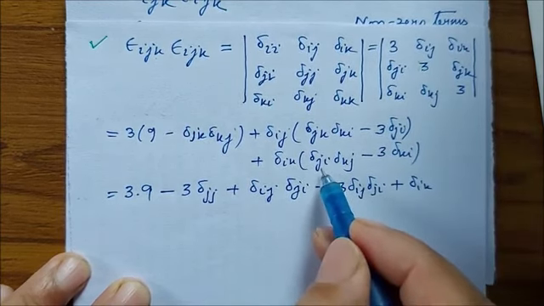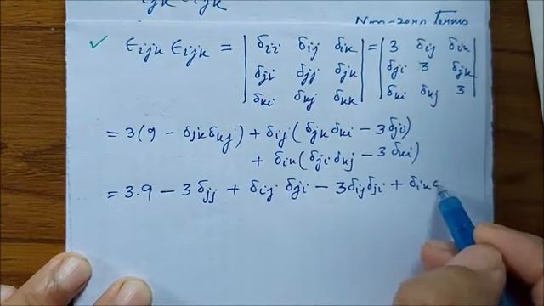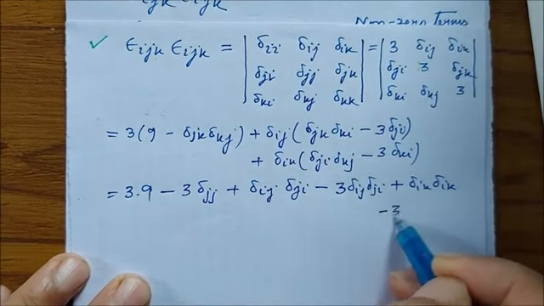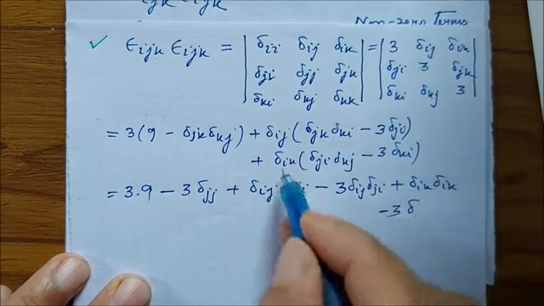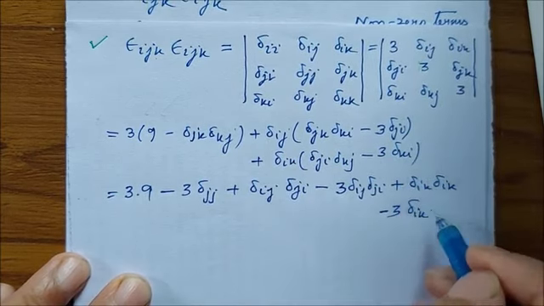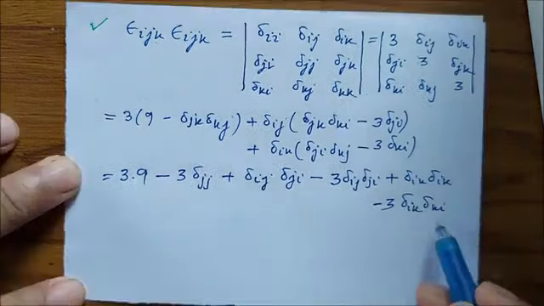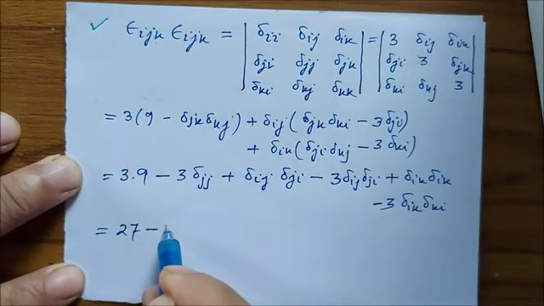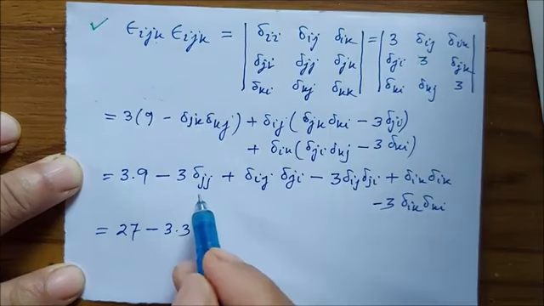Here we can contract j to end up with delta ik, and finally 3 delta ik into delta ki. So we end up with 27 minus 3 into 3, because this is 3.